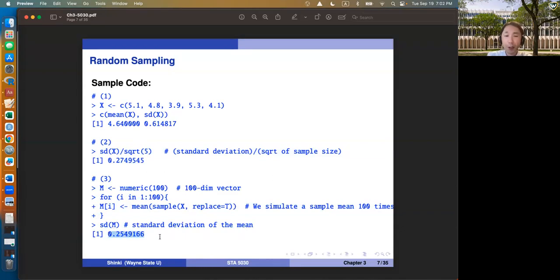Of course, this number depends on your simulation. If you copy and paste this, you may get 0.269 or 0.281 or something like that, but you will get a number similar to this one. We have some slight bias here because we have a very small sample, only 5 observations.